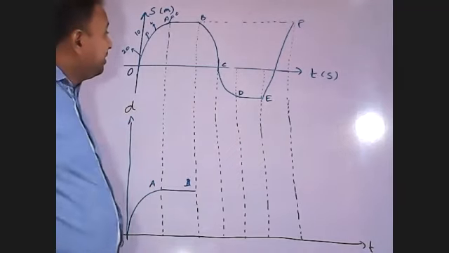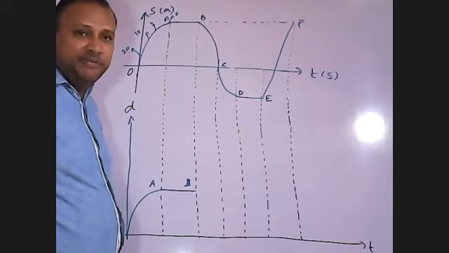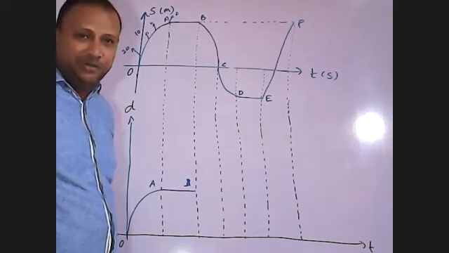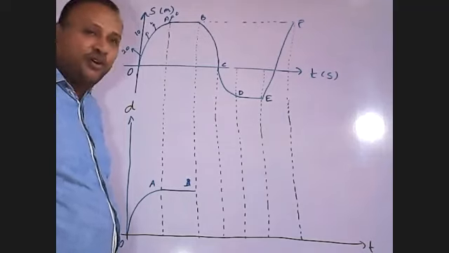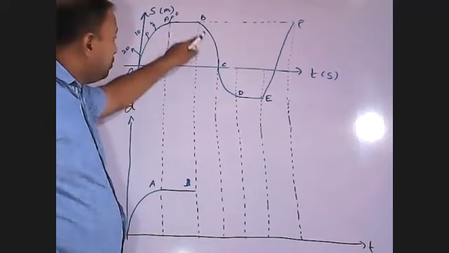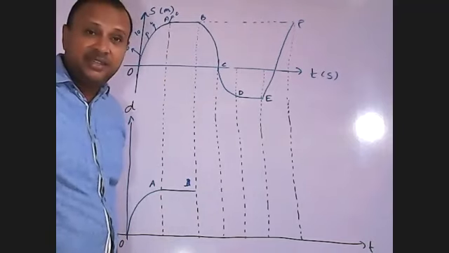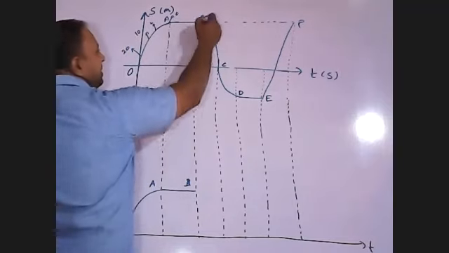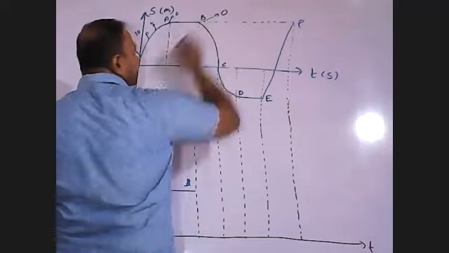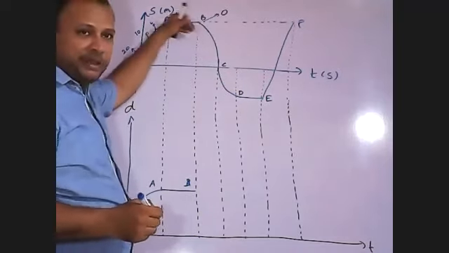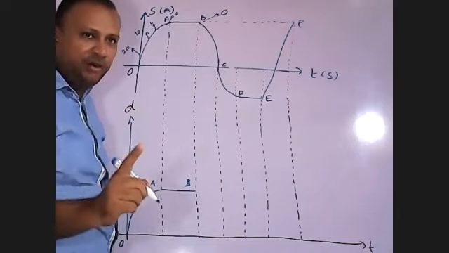Now you can see from B to C, the velocity is negative. So assign some values. The velocity is negative as well as decelerating. So the initial velocity is 0. It is parallel to the x-axis, so the initial velocity is 0.